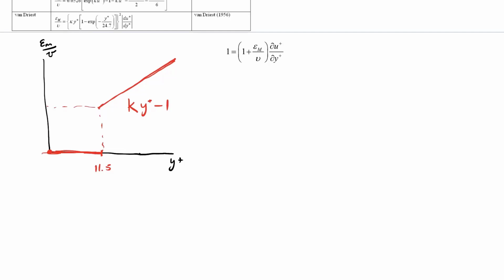Over here, this is going to be kappa times 11.5 minus 1, this value here. The other thing to point out is that this kappa is actually equal to a fixed constant, 0.41. This is called the von Karman constant.